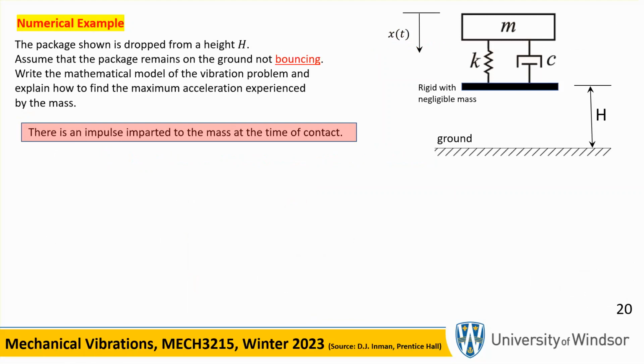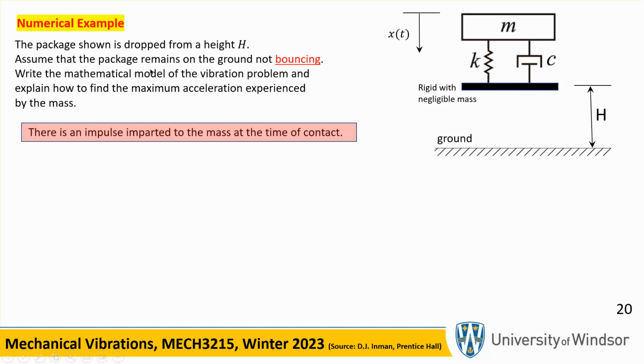Here's another problem. We have a gadget which is falling out of the sky. We can imagine this is a camcorder, a suitcase or whatever. This will hit the ground after traveling a distance h, and there is no rebounding, so it doesn't bounce up again, it just sticks to the ground.